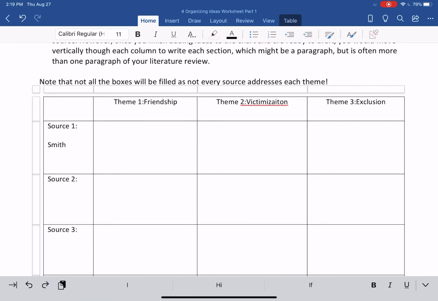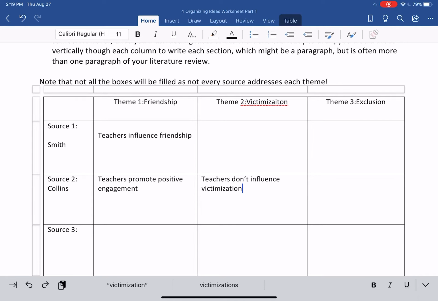Here's what they say. Teachers influence friendship. Source 2 is Collins, and you'd want to put the full APA citation there. And Collins, let's say, found that teachers promote positive engagement. Teachers don't influence victimization. Okay, so you're putting the pieces that are relevant.